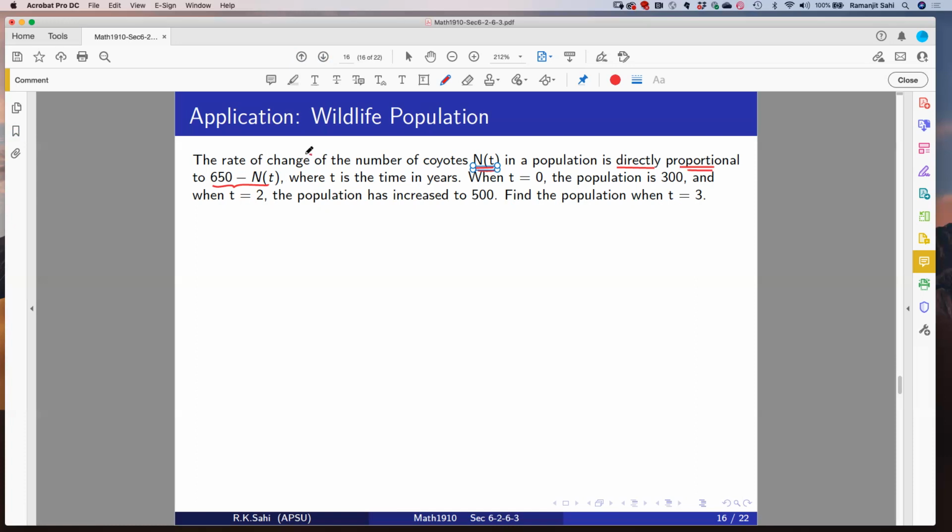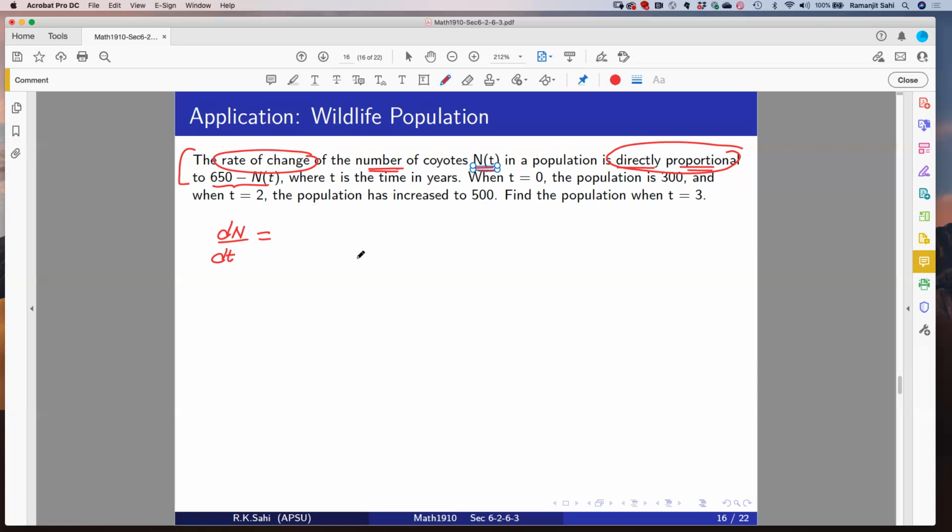Let me read it again. The rate of change of the number of coyotes in a population is directly proportional to 650 minus the number of coyotes, where t is the time in years. So this first line of this problem basically says, if n is the number of coyotes, then dn over dt is directly proportional to 650 minus n, and it is the rate of change.